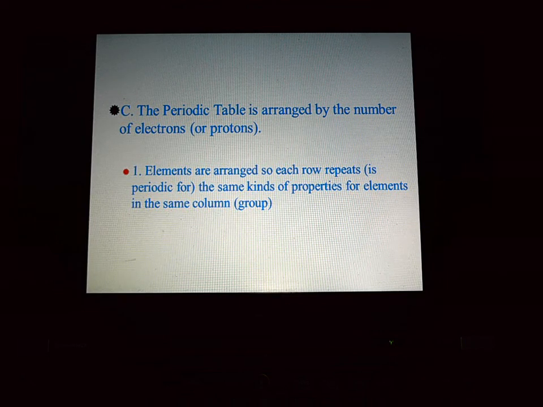What's changing there? The number of electrons and protons. You are filling up the shell in that row. And then you get to the end, argon has 18, and 19 is all the way back across. Why? Because number 19 has only one electron in its fourth shell. So that's how it's similar to the ones in the same group.